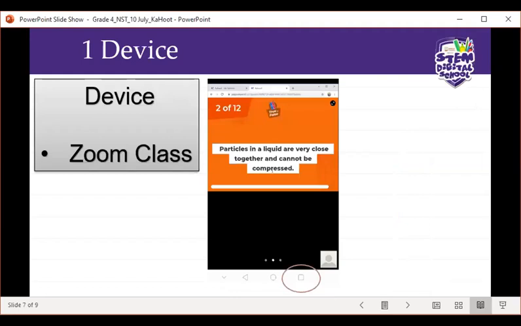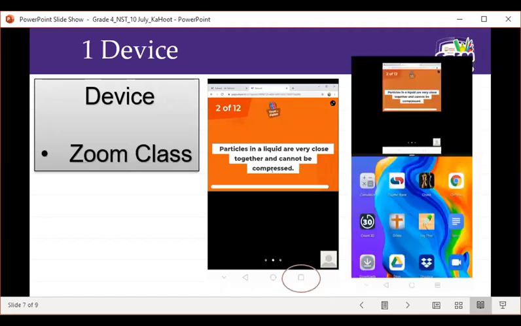If you're using a phone, then there is this button here. As you can see, it's encircled, that you can just press and hold for at least 5 seconds, and then it will split your screen and you'll get something like that. And you can just open up your browser, all right, and go to www.kahoot.it.